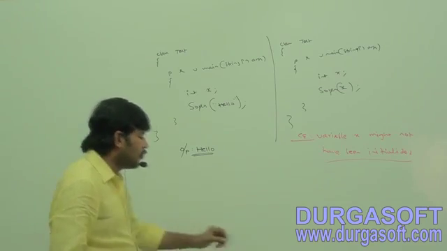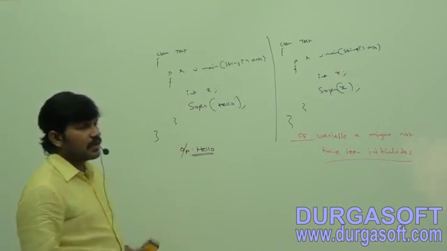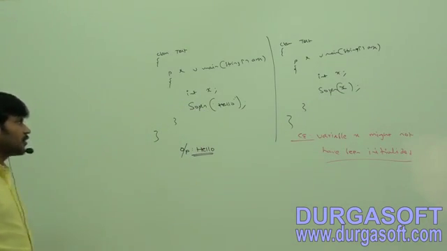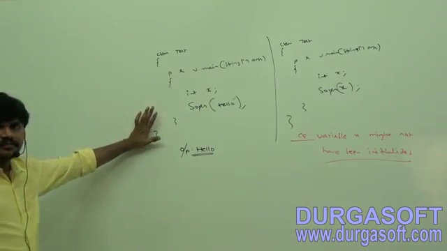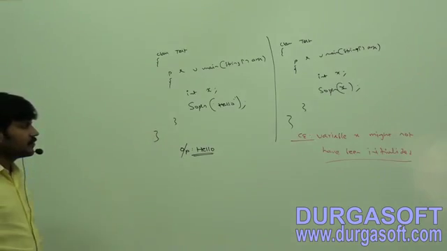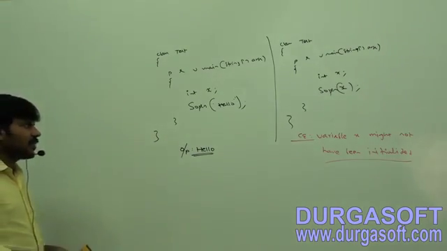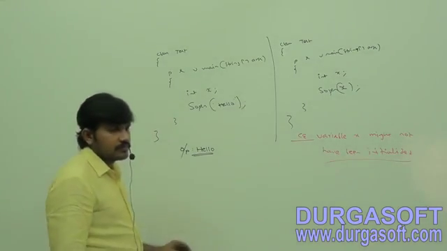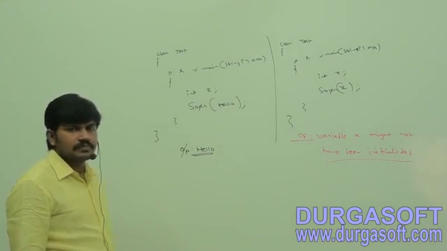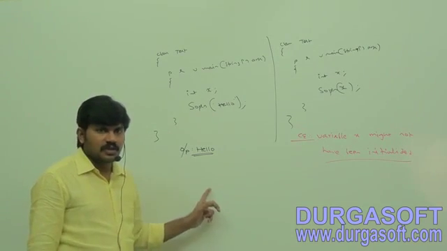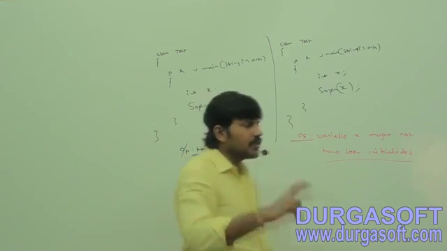A compile time error we are going to get. So the first one is valid, the second one is a compile time error. I hope it is clear. Now let me execute and show this.